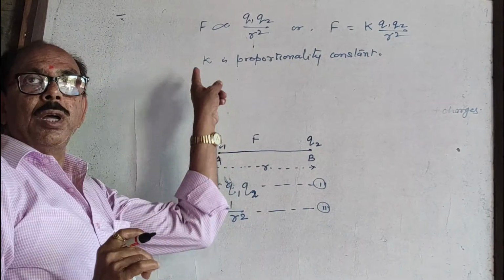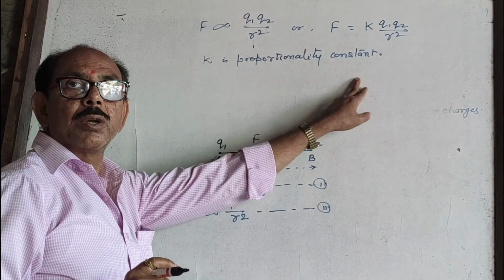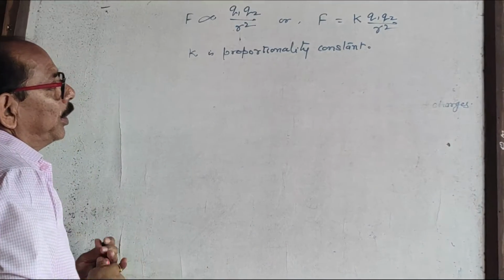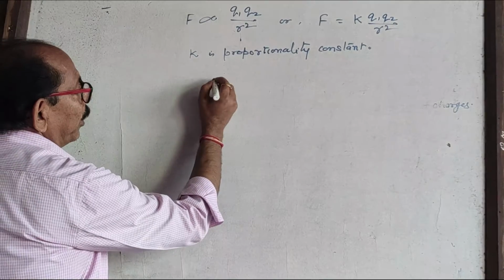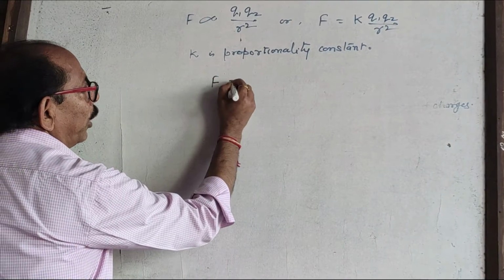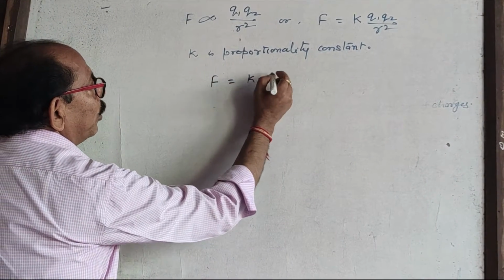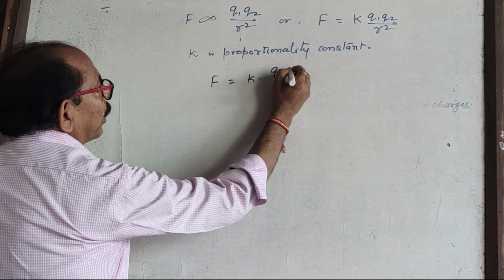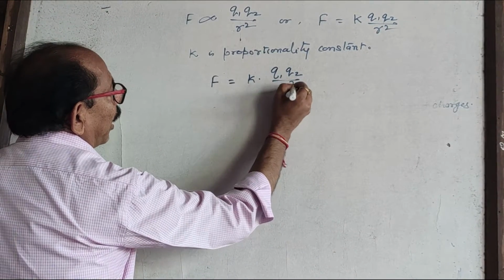K is called the proportionality constant. So we get a relation from Coulomb's law: F equals K into Q1 Q2 by R square.